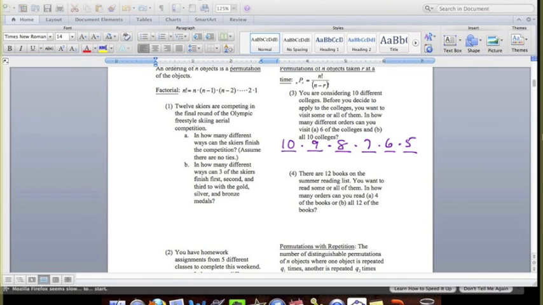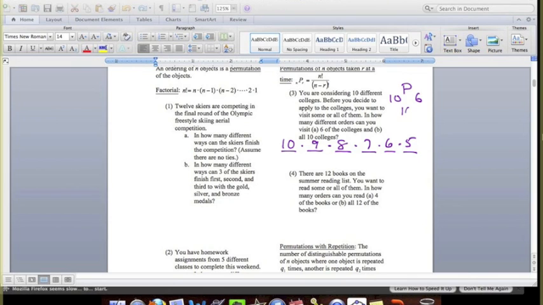Our notation for this is that we put how many total options we have, and then a big letter P for permutation, and then how many are we selecting? We're selecting to go to 6 schools in this example. So this is our notation. The formula at the top tells us another way we could calculate this.